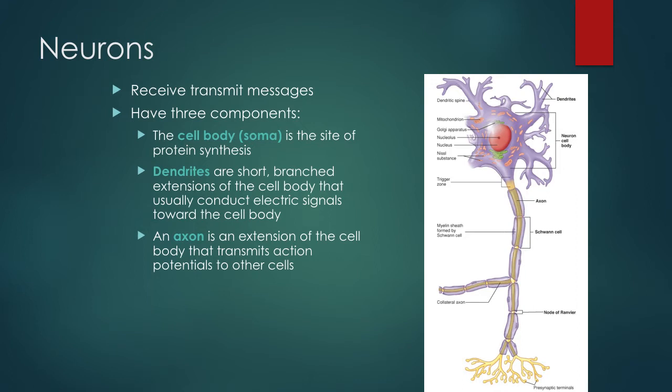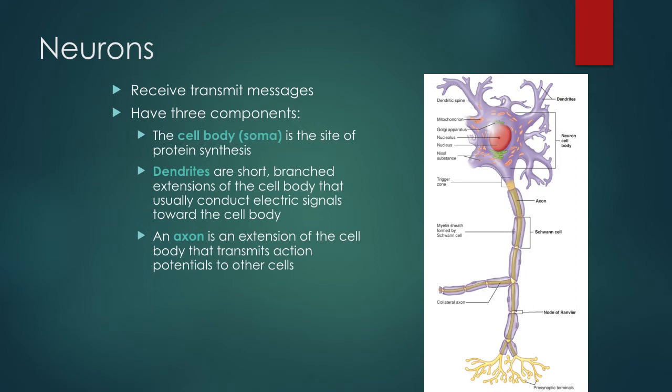These are big cells that have a large cell body or soma that has a nucleus and lots of materials for generating new proteins. They also have a receptive surface called a dendrite or dendrites that can receive messages and conduct electrical signals toward the cell body.